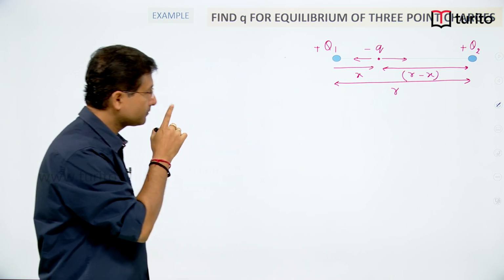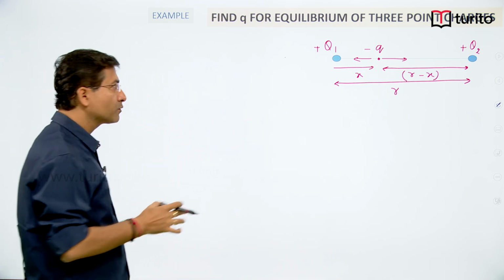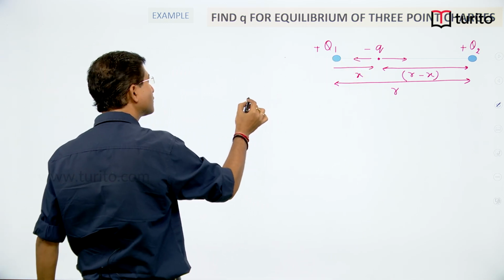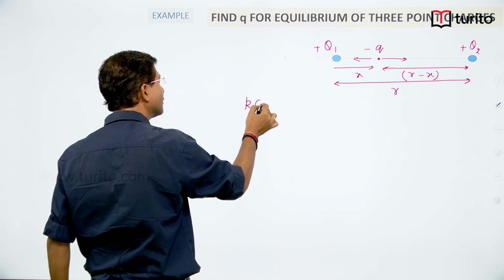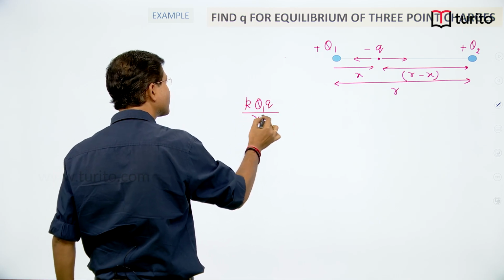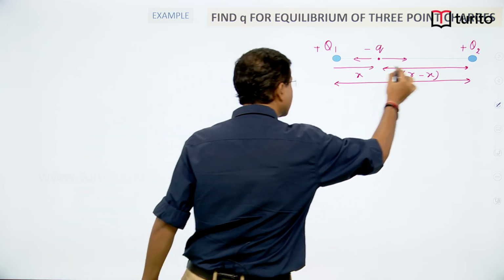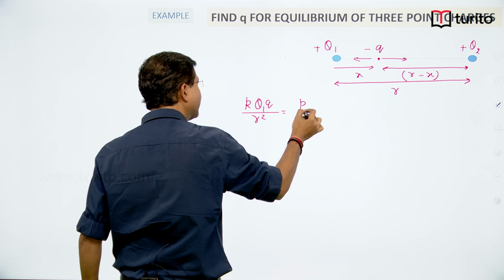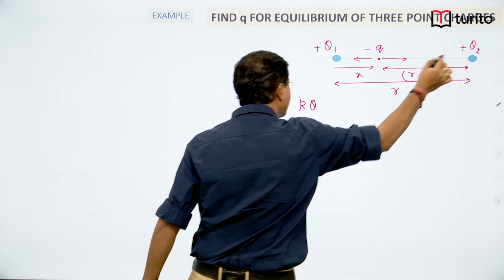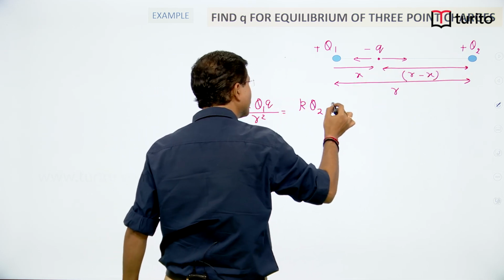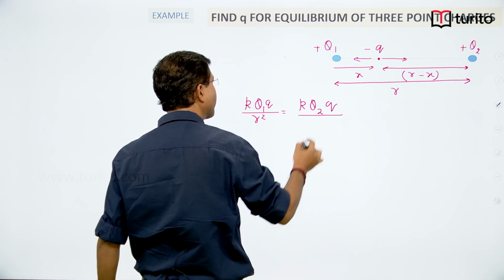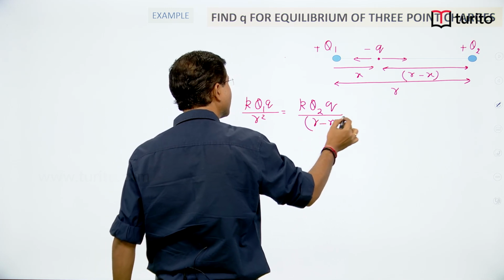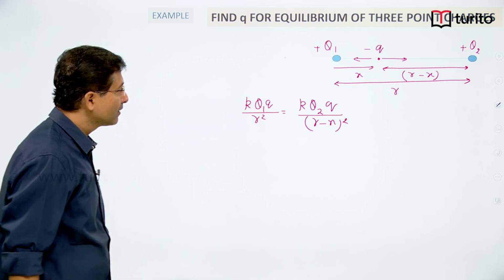See, so this force will be equal to K times Q1 Q divided by r square, and this force on Q by Q2 is K Q2 Q divided by r minus x whole square, right.